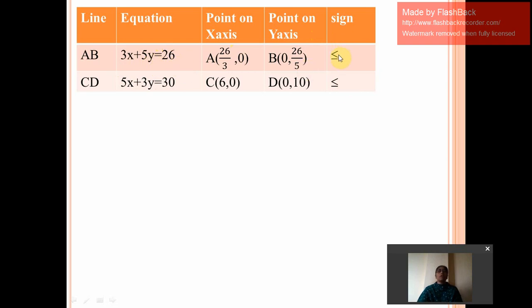Region less than or equal to origin side. 5x plus 3y is 30. Point on x axis, y 0, that is 5x is equal to 30, x is equal to 6. Similarly, put x is equal to 0, 3y is equal to 30, y is equal to 10. Sign less than or equal to origin side.